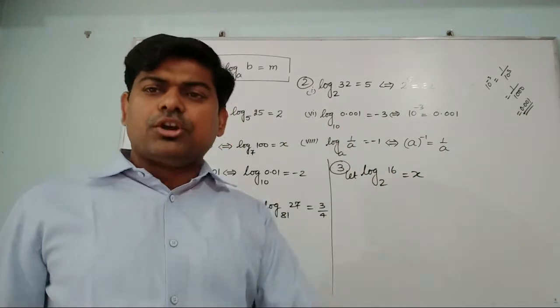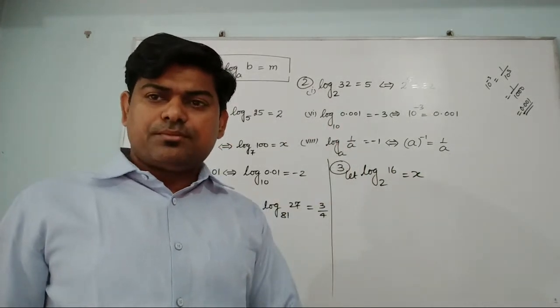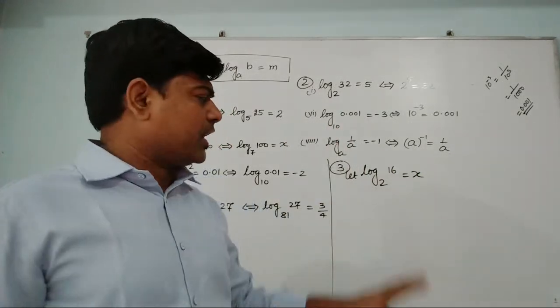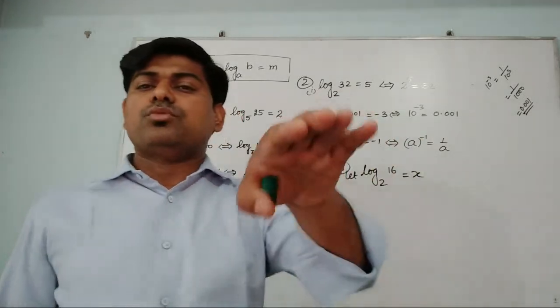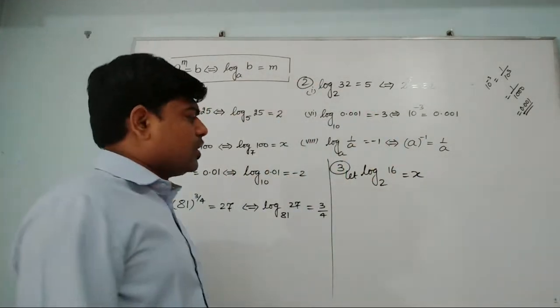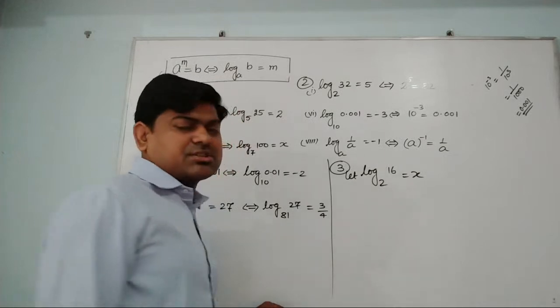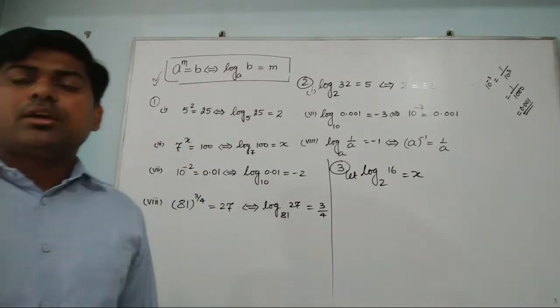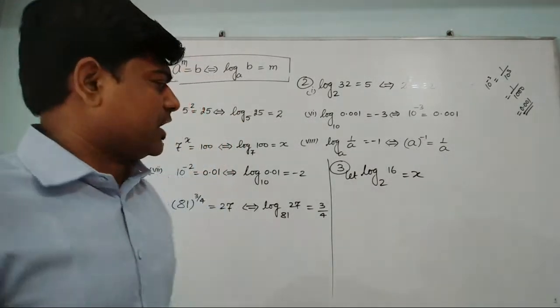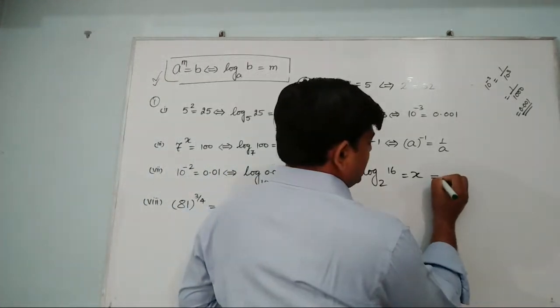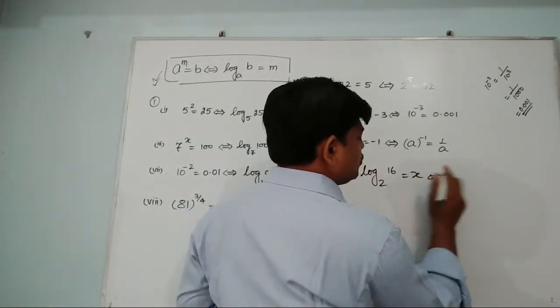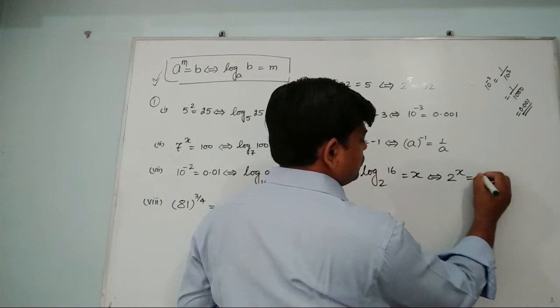And if it is equal to x, it means we have to find the value of x. How can you find? Now after that, I will try to convert it into exponential form, and just now we had learned. What should I write? It can be written as 2 to the power x is equal to 16.